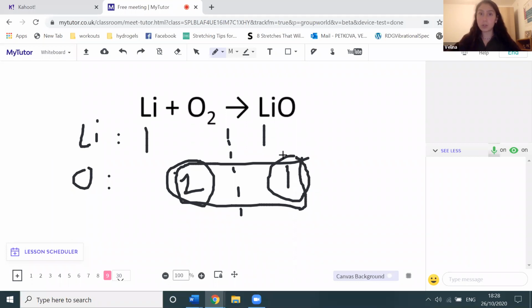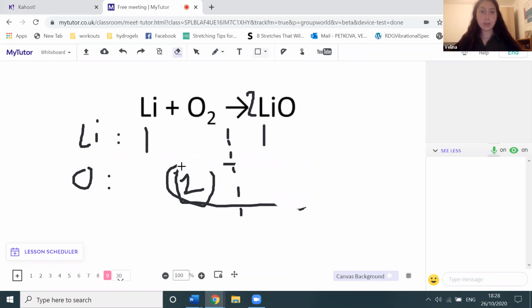So if we have 2 oxygens on this side, we must get 2 oxygens on this side. How will we get 2 oxygens on the right hand side? We just need to add a 2 in front of our lithium oxide. So now if we see how many atoms we have on either side, we're going to get 2 oxygens on the right hand side and 2 on our left.